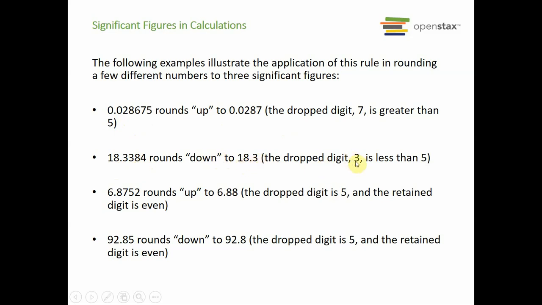The dropped digit 3 is less than 5. 6.8752 rounds up to 6.88. The dropped digit is 5 and the retained digit is even. 9.285 rounds down to 9.28. The dropped digit is 5 and the retained digit is even.